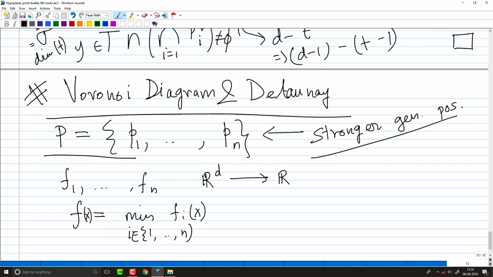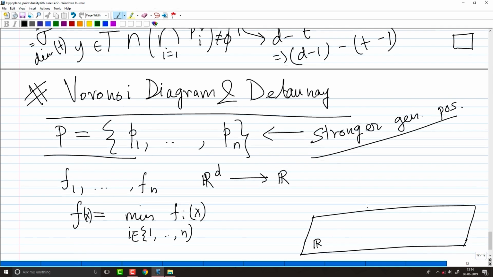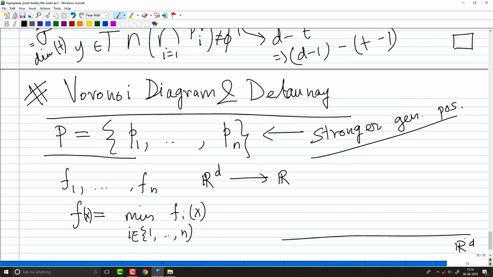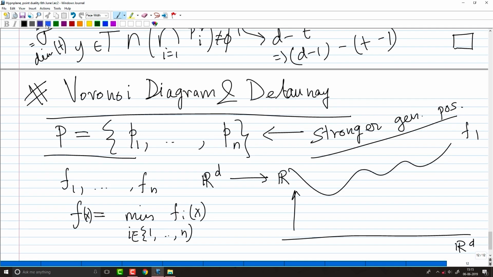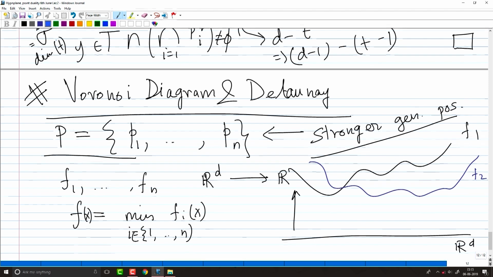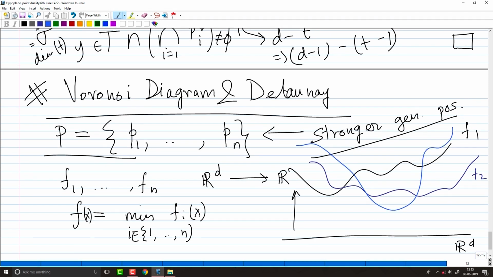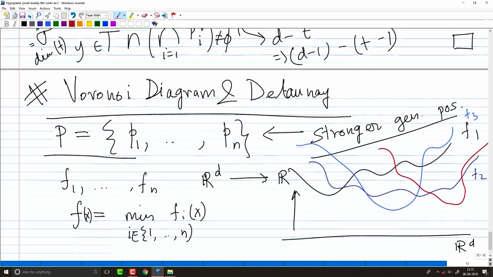Okay. So, what is happening? Let us look at the graph of these functions. So, basically you have this R^d below. Let me draw it with a line only, as if the line represents R^d. So, you have R^d here, and this is the direction where the value of the function is being taken. So, you have a function f1, then you have another function f2, f3, f4, like this.